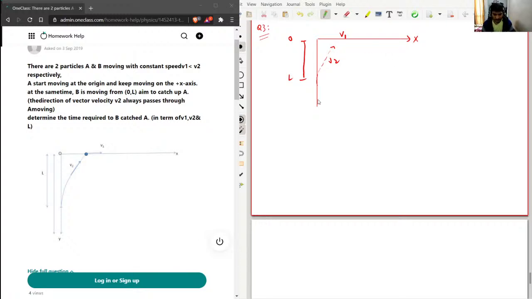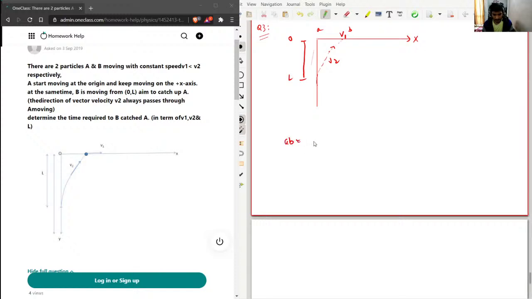Now what I can see is that if B catches A, let's say here, then it is forming a right angle triangle. For this right angle triangle, this length is L. This will be, let's say, A to B.